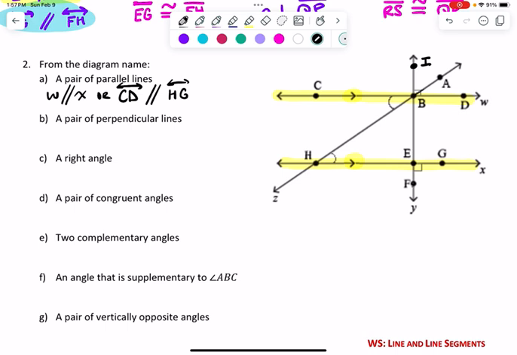Okay, next I have perpendicular lines. I'm looking for that small square. Now that small square attaches this line here with this line here. It is one of 2 small squares. So I'm going to have 2 sets of perpendicular lines, but it just says a pair. So I'm only going to deal with this bottom one here.